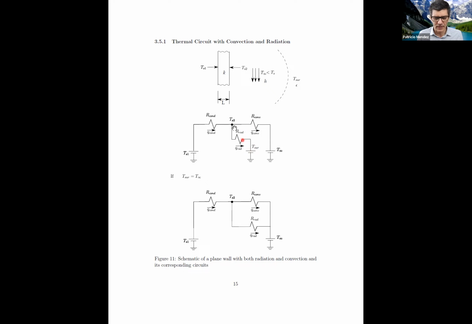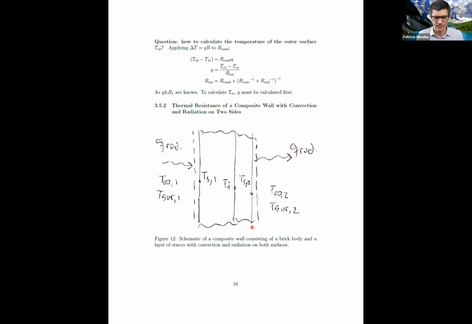So we have a bifurcation and the heat goes these two ways. If we can say what is true in many cases, that the temperature of the surroundings is the same as the temperature of the fluid, only if we can say that, then this circuit becomes a true parallel circuit. And I can calculate the equivalent resistance of this parallel circuit here. How would you calculate this total resistance?